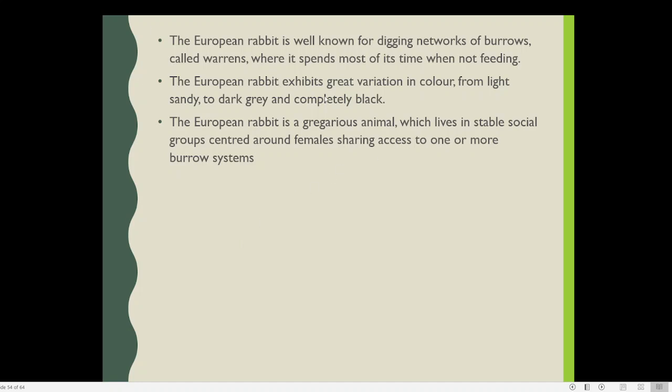The European rabbit exhibits great variation in color, from light sandy to dark gray, then completely black. That also I will show you. There are different color varieties. Here you can see a very good example.